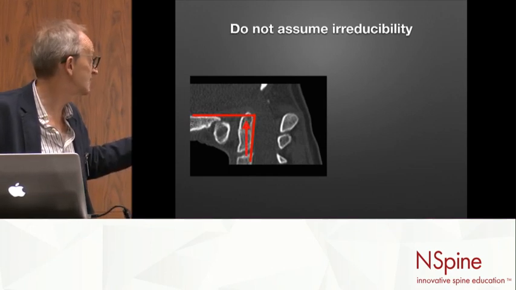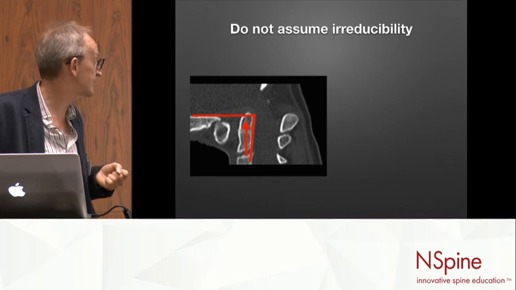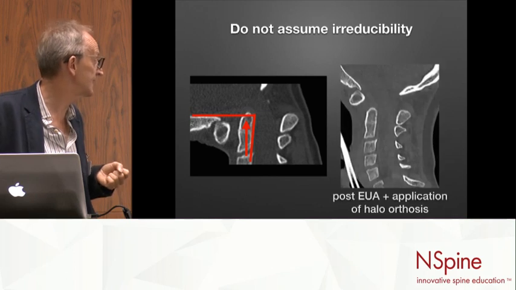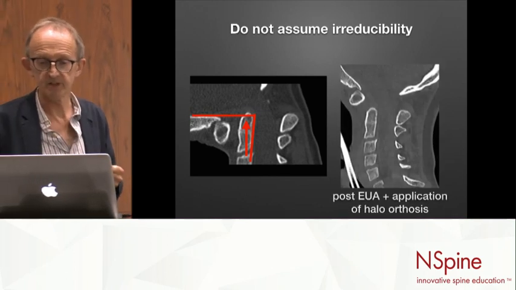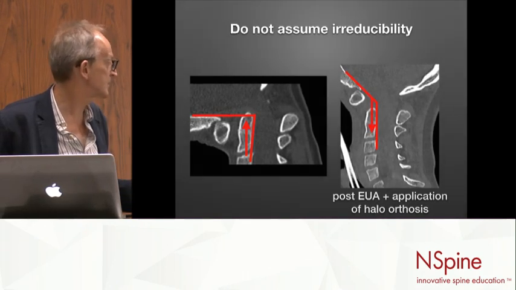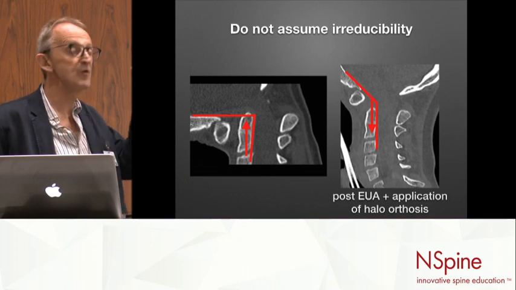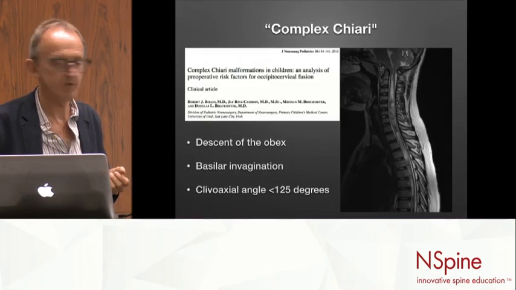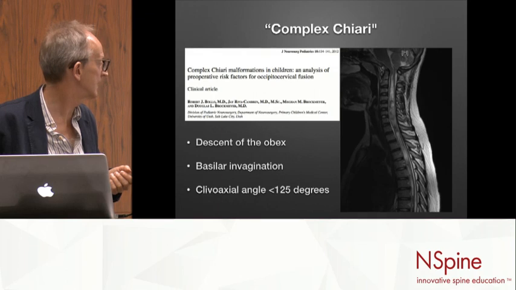They often require some traction intraoperatively to pull that out with monitoring, and one can often improve the alignment significantly to allow you then to go on, improve the position of that odontoid peg, and remove the tonsillar compression from within the spinal cord. And here's an example.